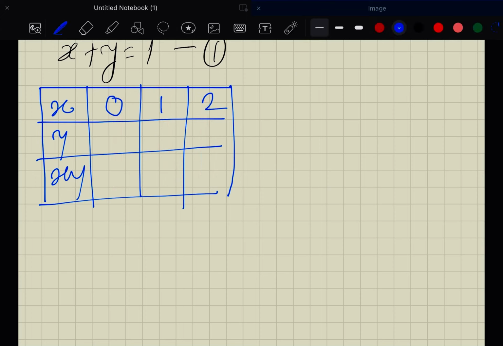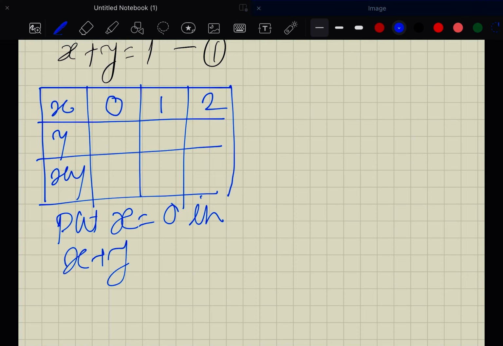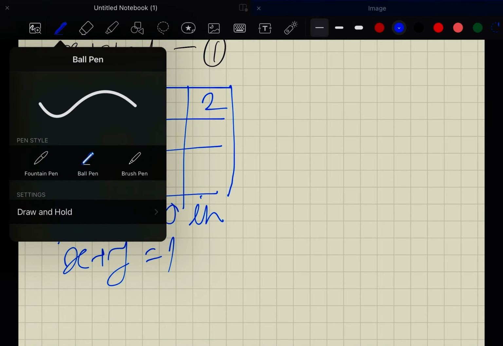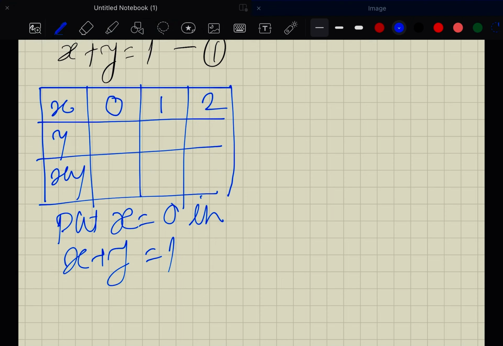Now what we have to do, just put x is equal to 0 in the equation x plus y equals 1. Simply we have to put the value in the equation x plus y is equal to 1.